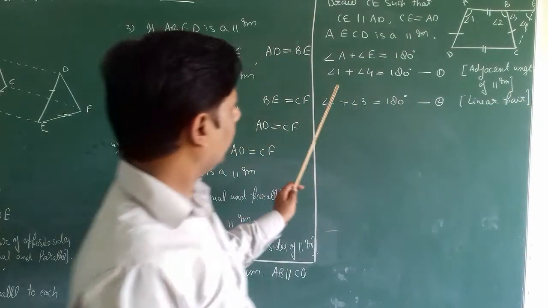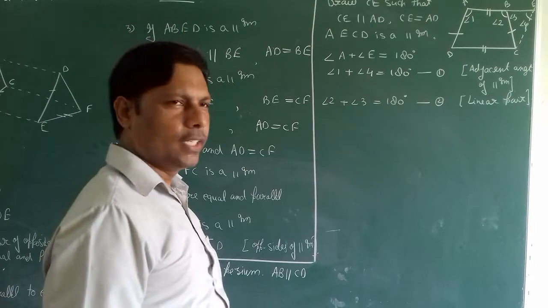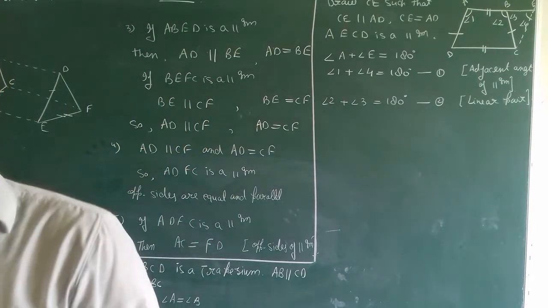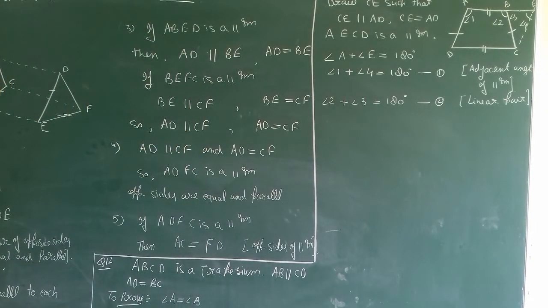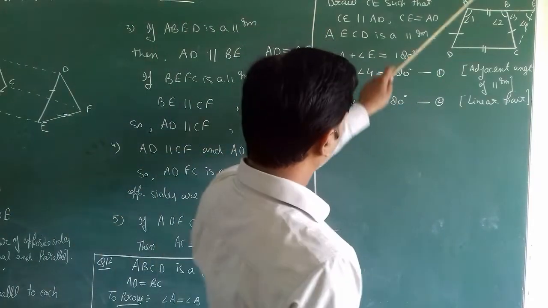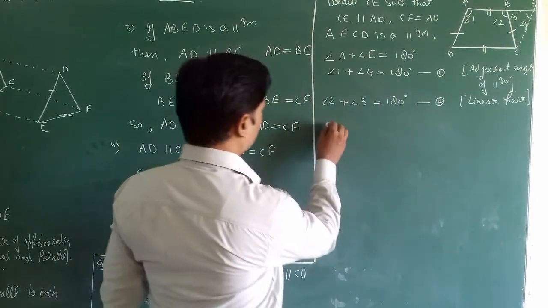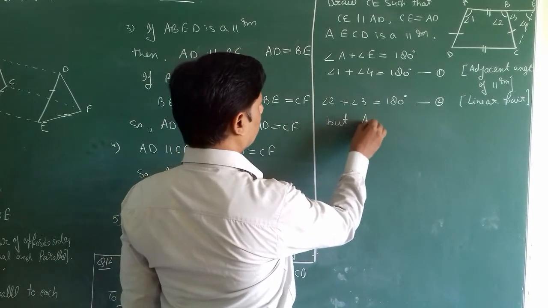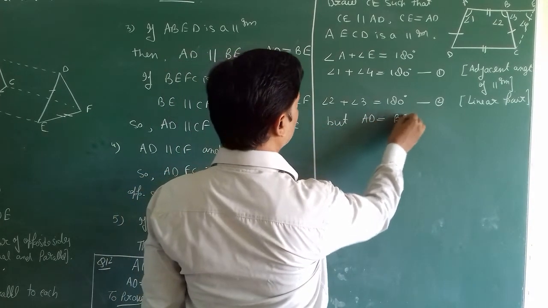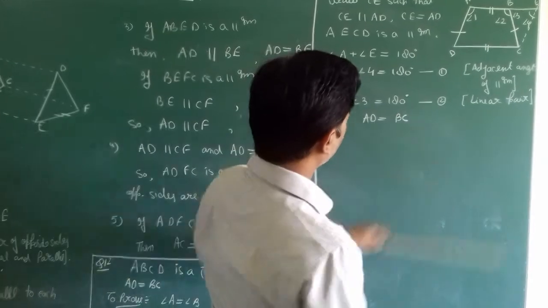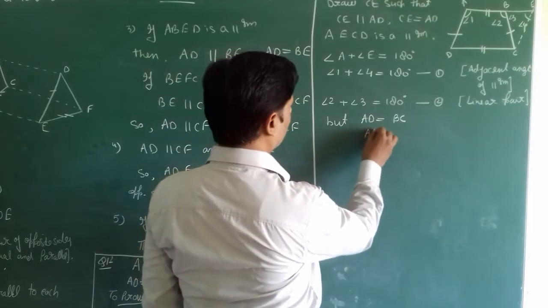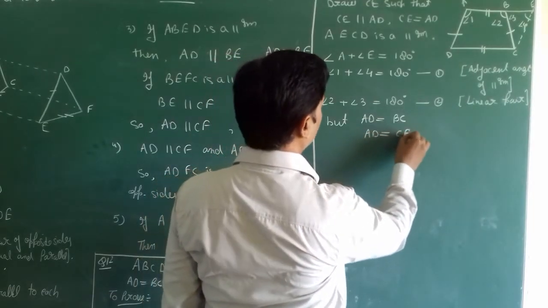So, we have angle 1 and 4 is 180 degrees and 2 and 3 is also 180 degrees. Now, students, see. In the figure we are given AB is equal to BC. Right? But AD is equal to BC and also AD is equal to CE.